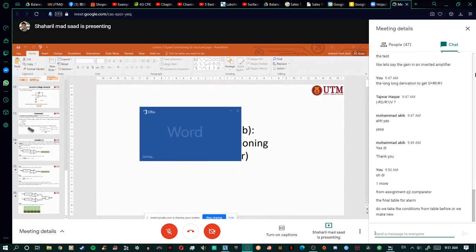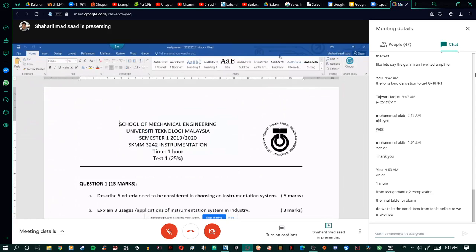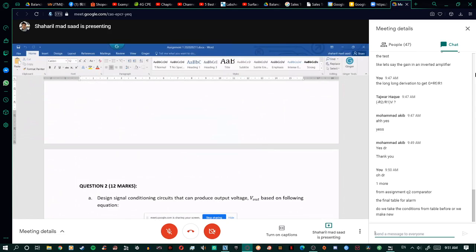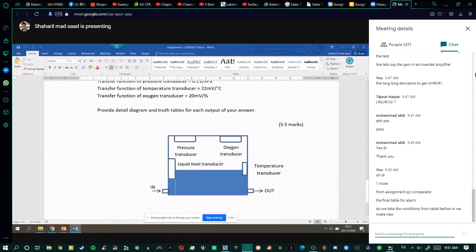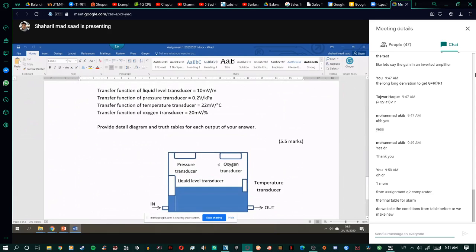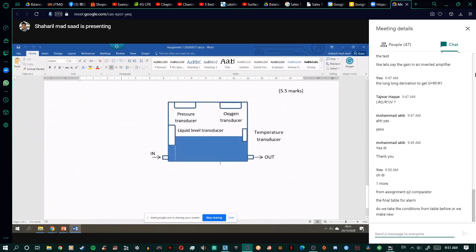Do we take the condition from the table before, or do we make a new one? Yes, you should take it from the output of the table before.